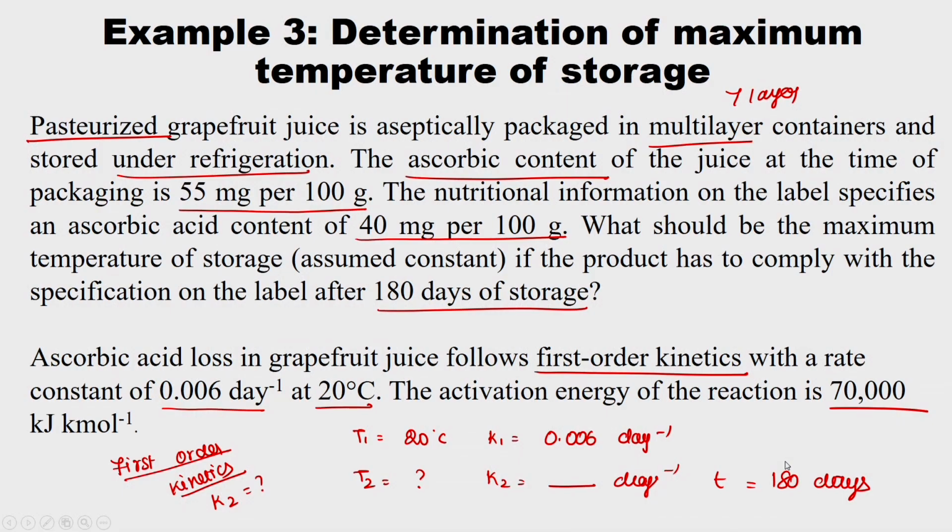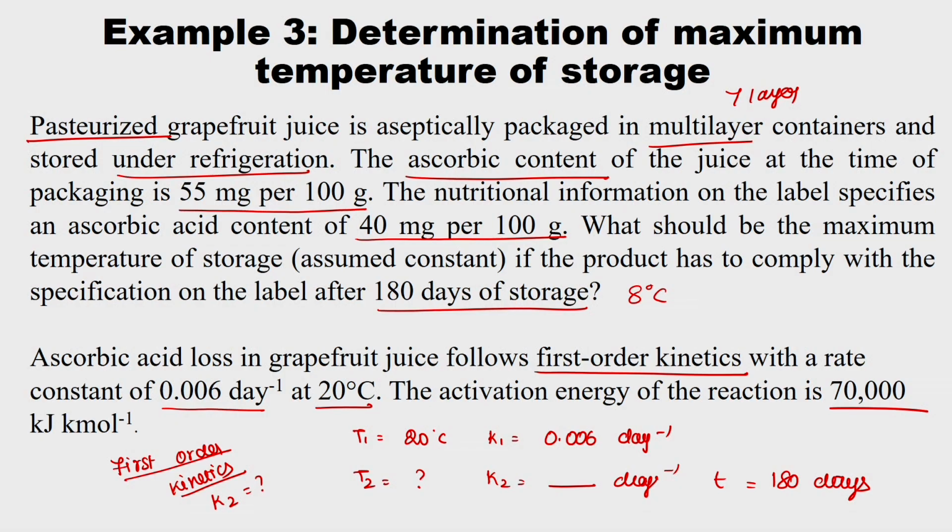Okay. So, I need to store it at 8 degree centigrade to get my 55 milligrams per 100 grams of ascorbic acid to reduce to 40 milligrams per 100 gram if I have to use it after 180 days of storage, right. So, then this will be complied.